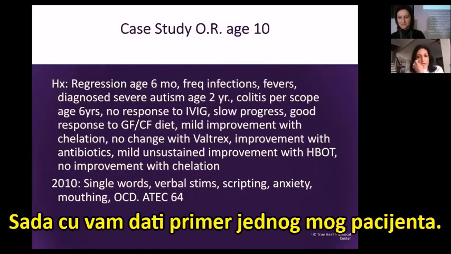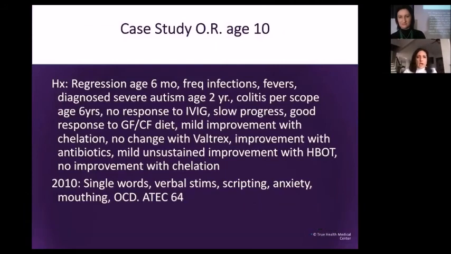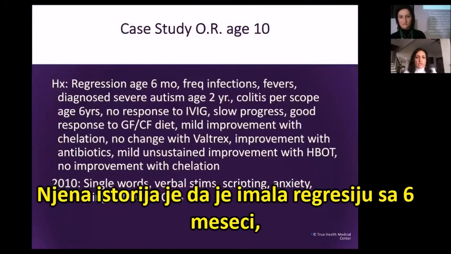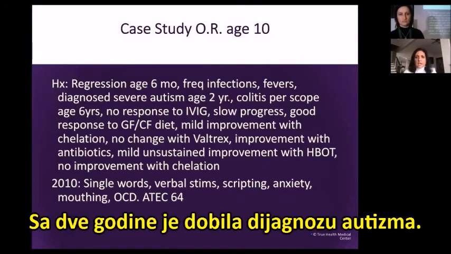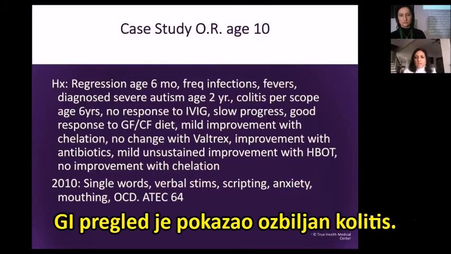So I'm going to give you an example of one of my patients. The history is that she had a regression at age 6 months, and she had a history of frequent infections and fevers. By the age of 2, she was diagnosed with autism. She had a GI scope that showed severe colitis.